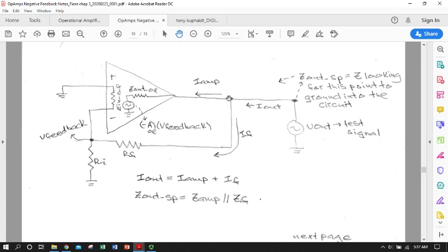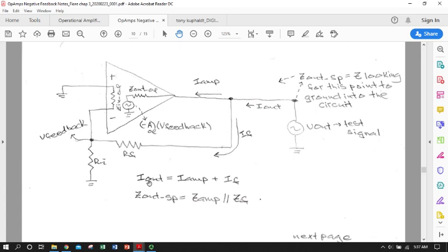Okay, going back to our fork in the road, the current that is coming from our test signal here could, in addition to entering the op-amp, go around it through the feedback network. So through our little voltage divider, it can flow through RF and RI straight to ground. So that's the easy path.